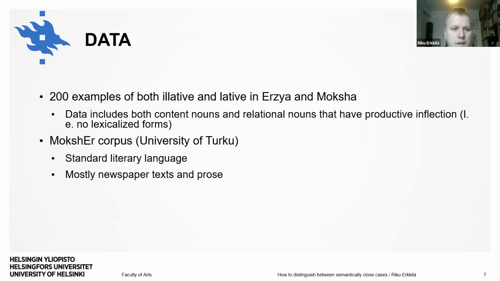That is, the relational nouns that take all the three possible cases. And I have excluded all lexicalized expressions like 'over again' or 'kiss' because those expressions don't inflect, or they don't have productive inflection. So they must be studied separately. They don't belong to this study.